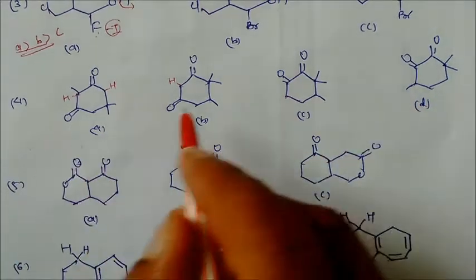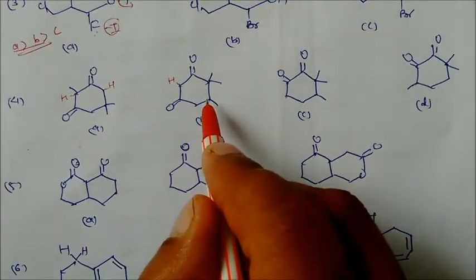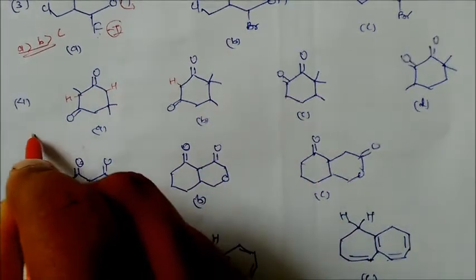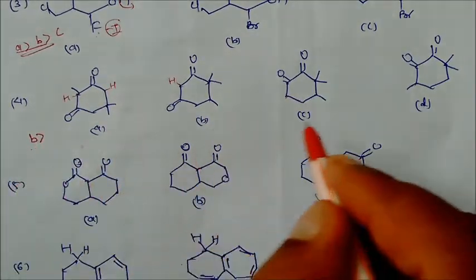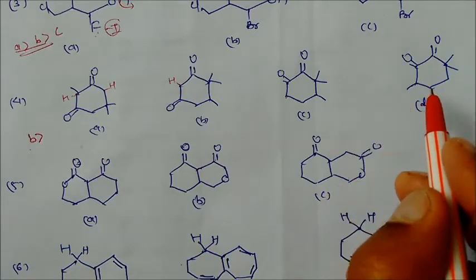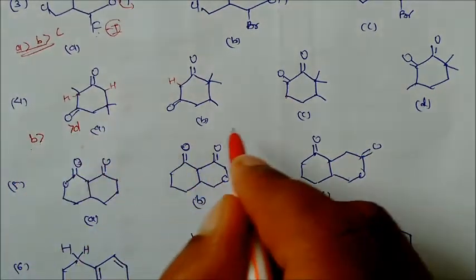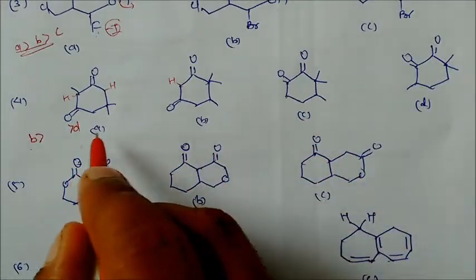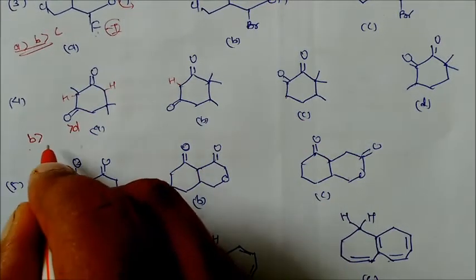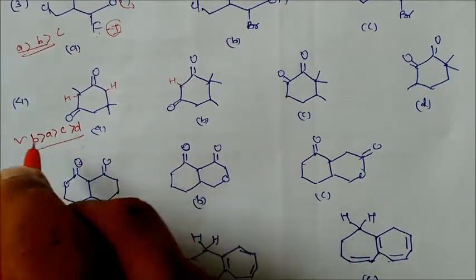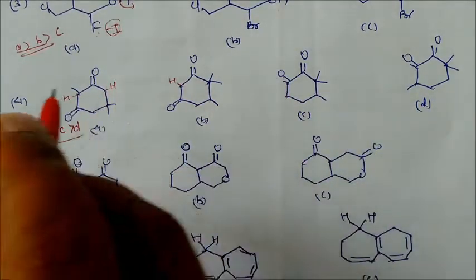So among the following, we can see that B will be the most acidic. Then which will be the least acidic? We can see D will be the least acidic. So B is the most acidic. Now we have to decide A and C. Among A and C, A will be more acidic, then followed by C. This is the acidic strength of the following compounds.